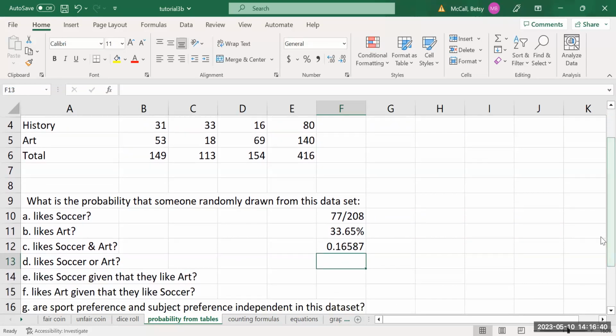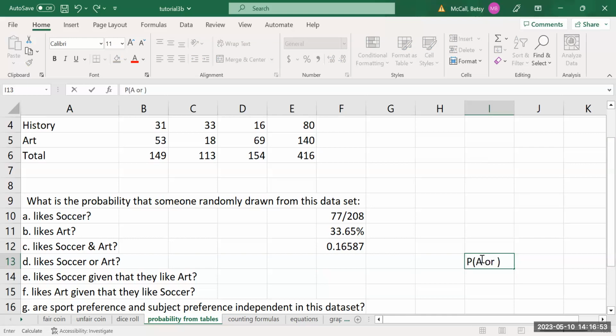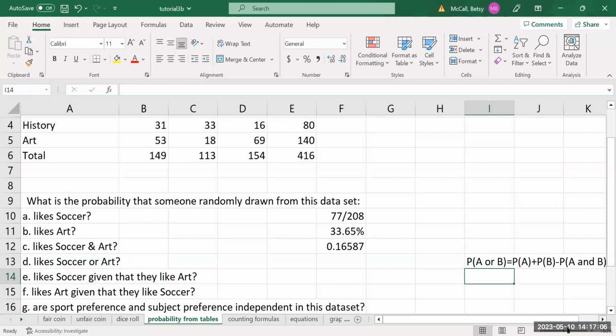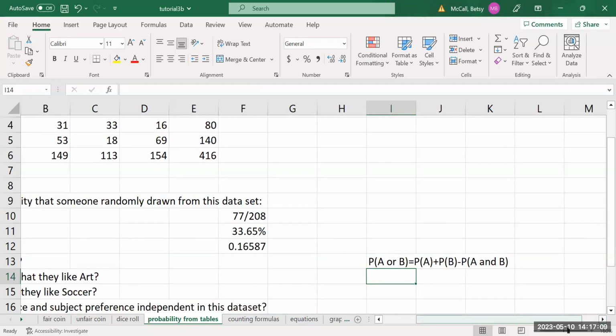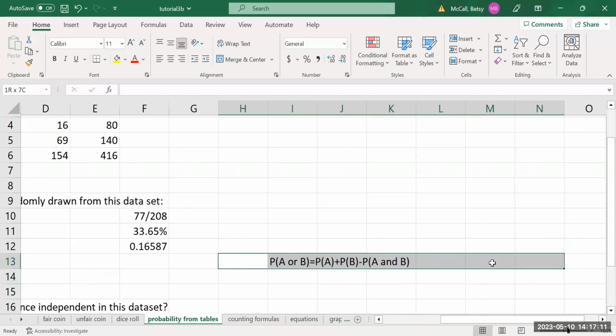Now, what if they like art or soccer? To do art or soccer, you need a formula. You may recall that the or condition is the probability of A or B is equal to the probability of A plus the probability of B minus the probability of A and B. Now, one danger that sometimes comes up in these table examples is that students will interpret A and B as a multiplication.